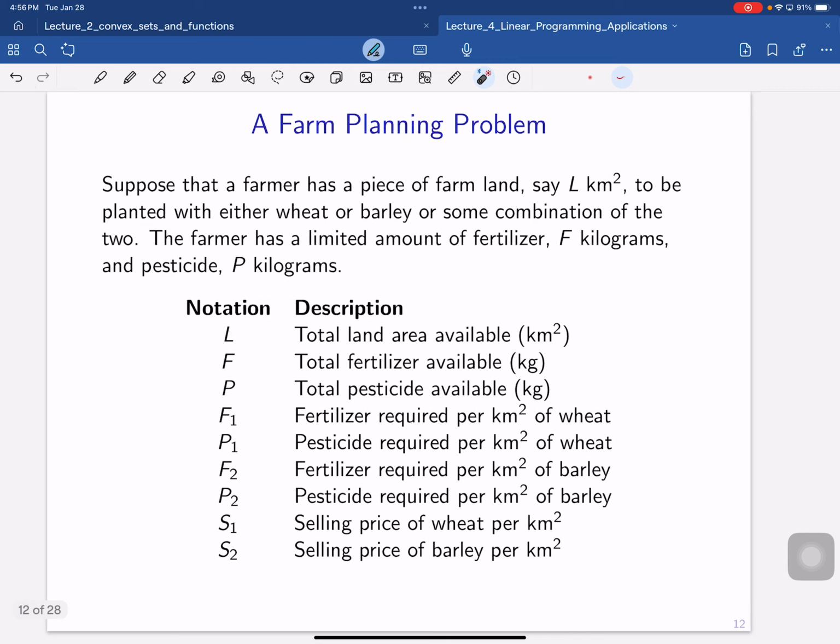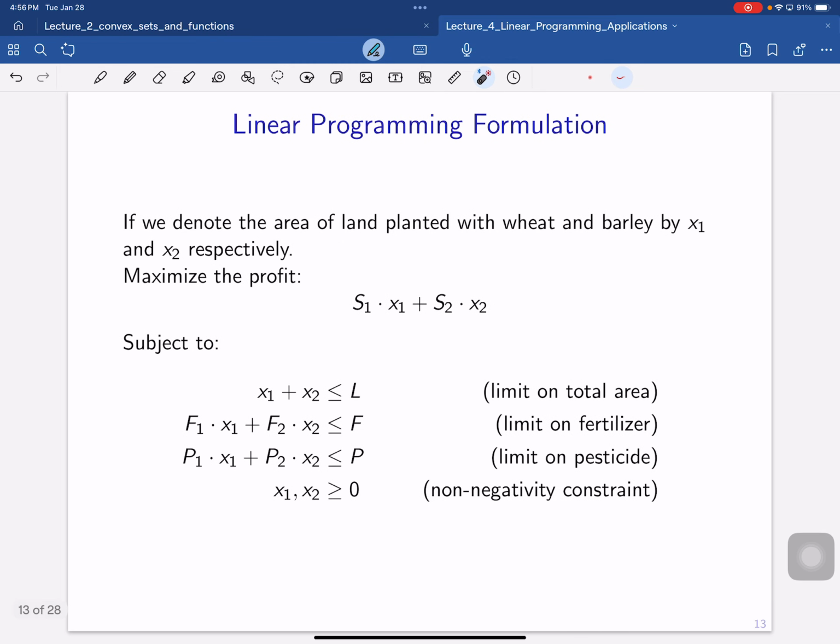Okay. So here's a 2D problem, right? You have 2 variables, x1 and x2, representing the area of land planted with wheat and barley, right? 2 continuous variables, x1 and x2, greater than or equal to 0, you maximize the profit. And here are the 3 capacity constraints, or knapsack constraints, on area, fertilizer, and pesticide.